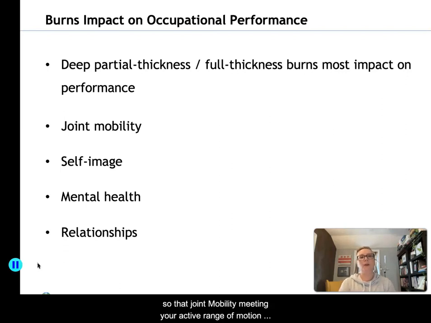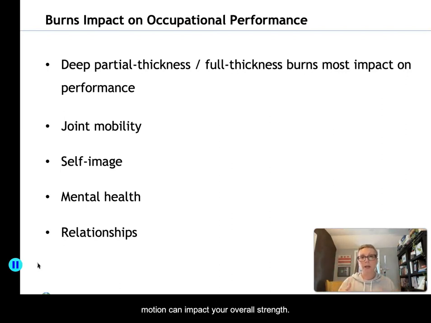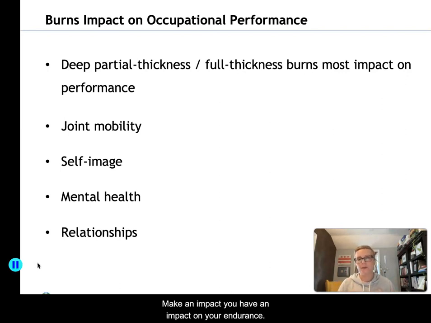Joint mobility means your active range of motion, your ability to actively move your joints. That can impact your overall strength. It can have an impact on your endurance. There can be pain involved.